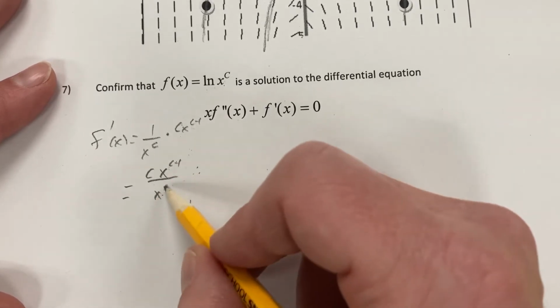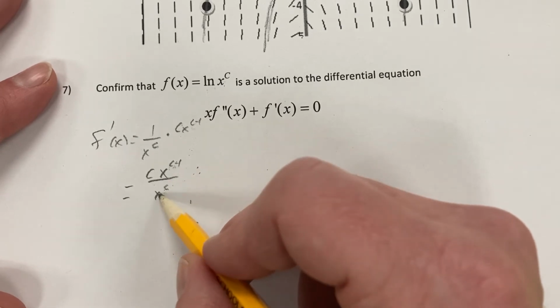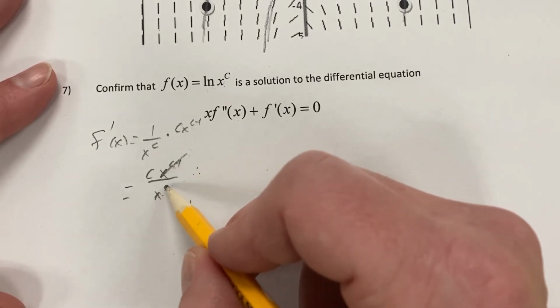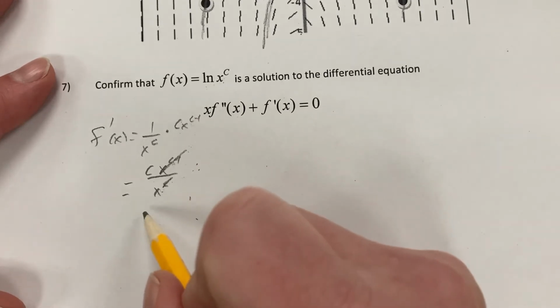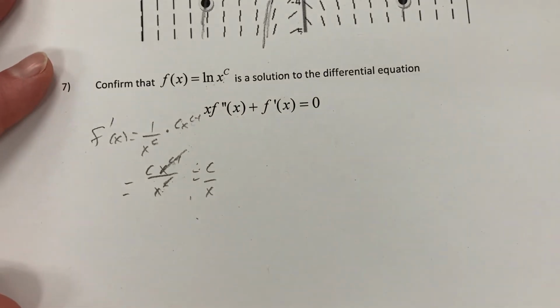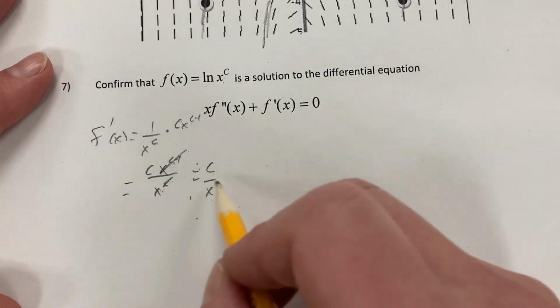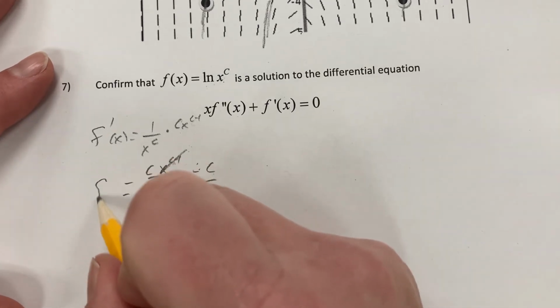No matter what c equals, you have one less x on top than you have on the bottom. So these x's will cancel all of these and leave us with just one x on the bottom. c is some constant, x is the variable we're working with. So this would be our first derivative.